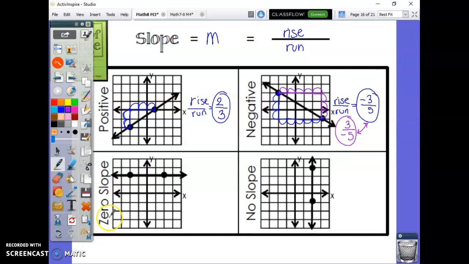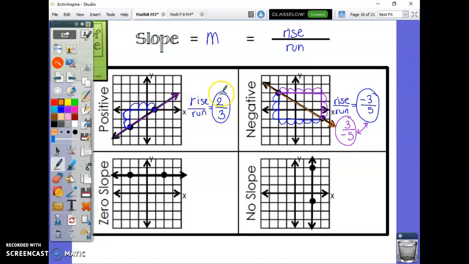Okay, let's look at another example. Sorry, before we go on to zero slope, let's look at the lines over here. We have a line going this way and a line going this way. This is a line going upwards, in the positive direction, and our slope is also a positive number.